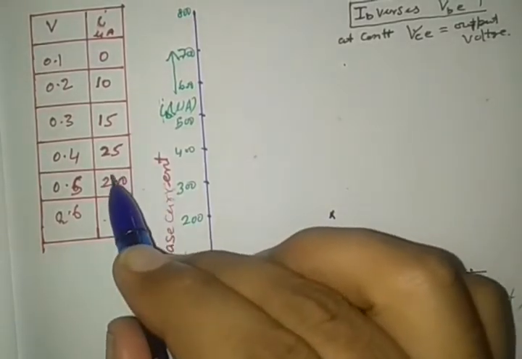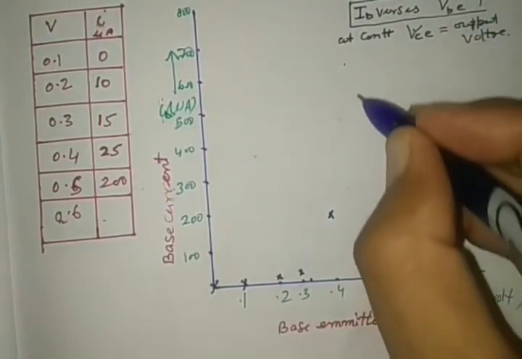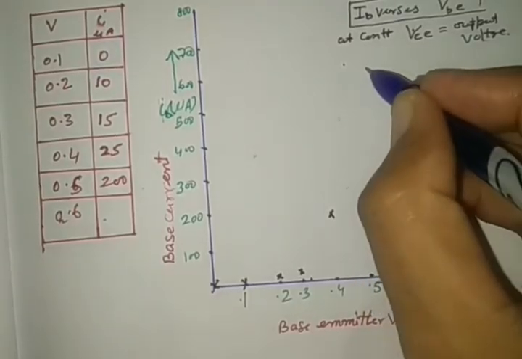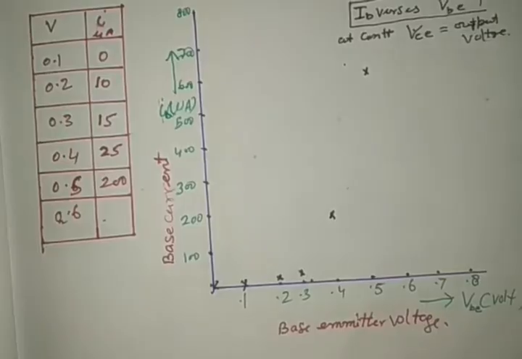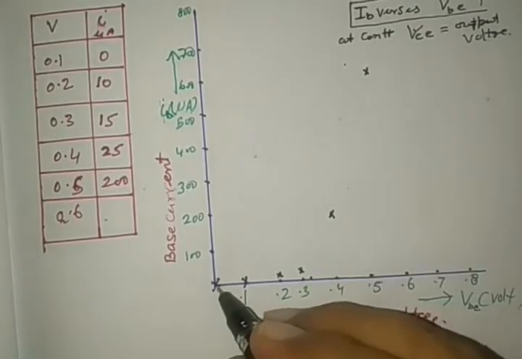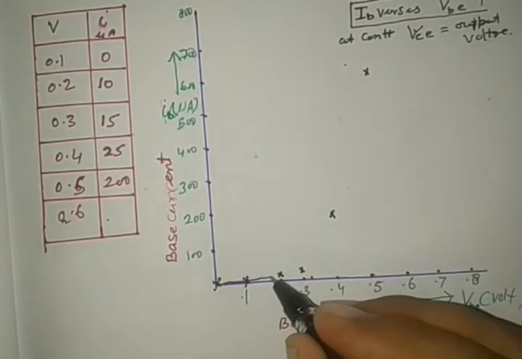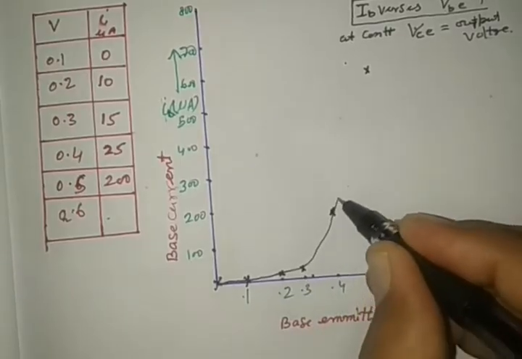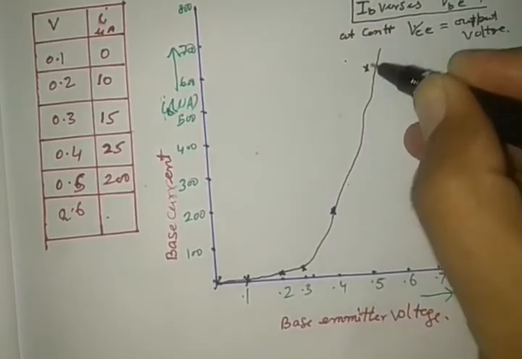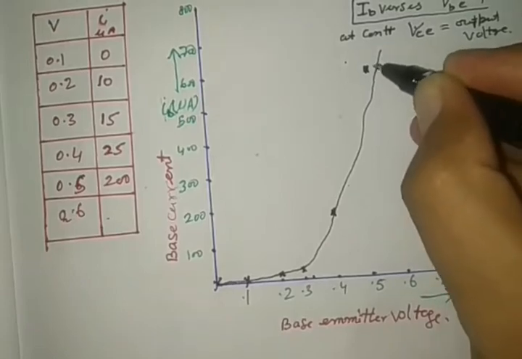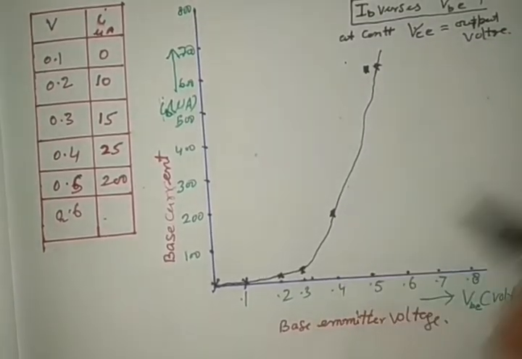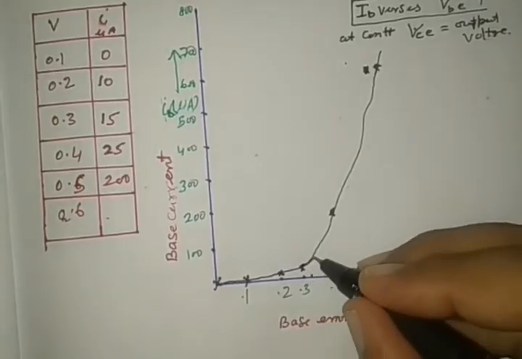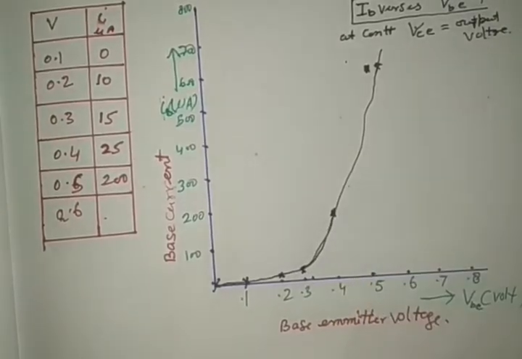And at 0.5 volt, it increases up to... when we join all these by freehand, see this black color here, it increases sharply after this voltage at 0.4. It increases sharply, right?